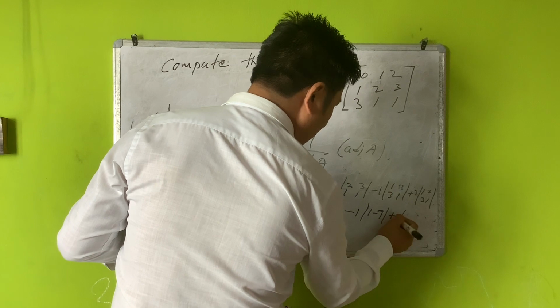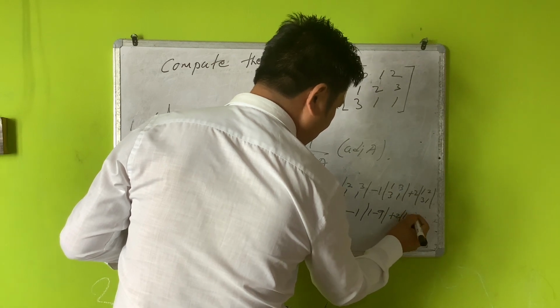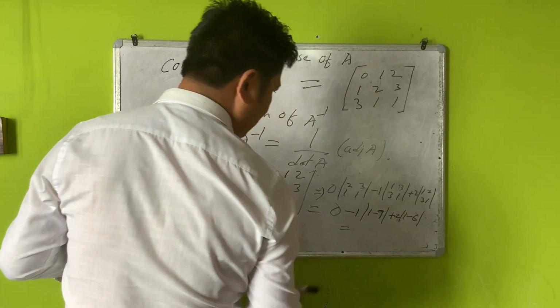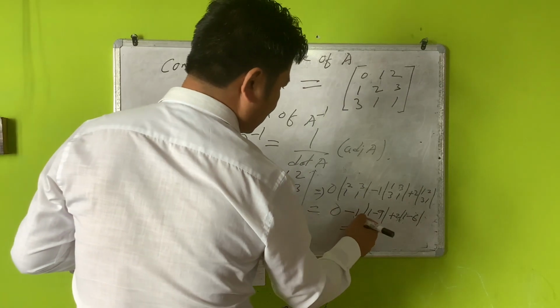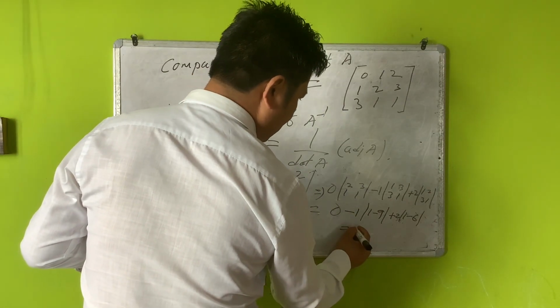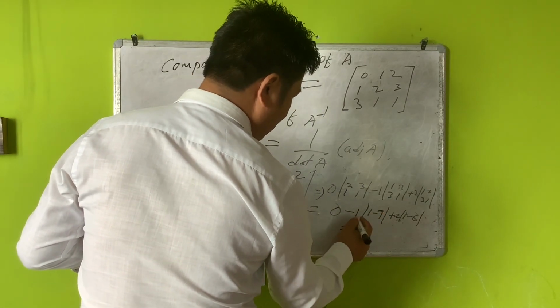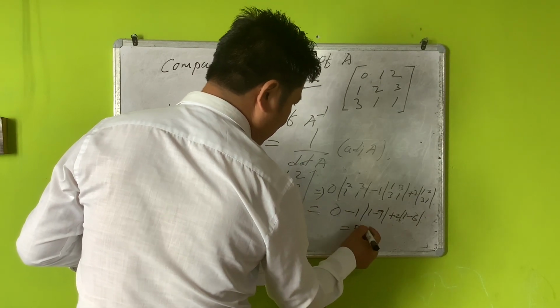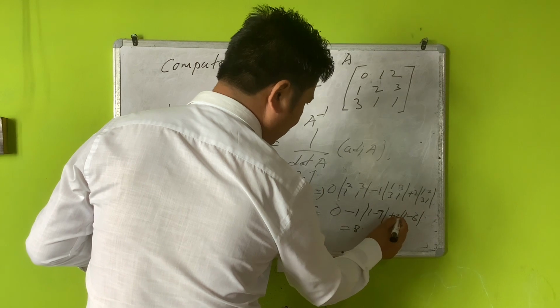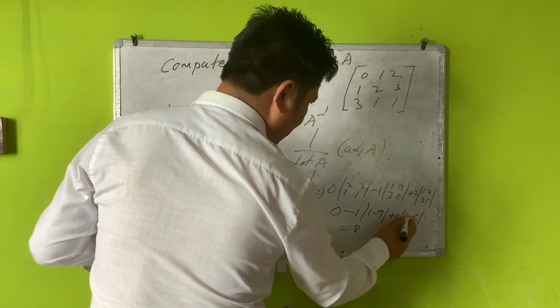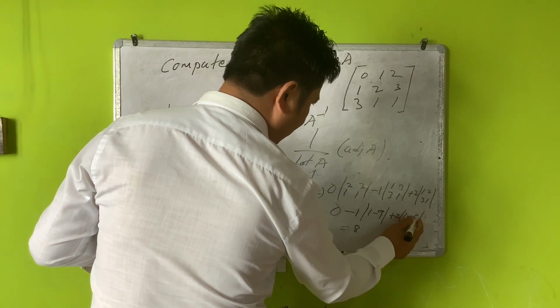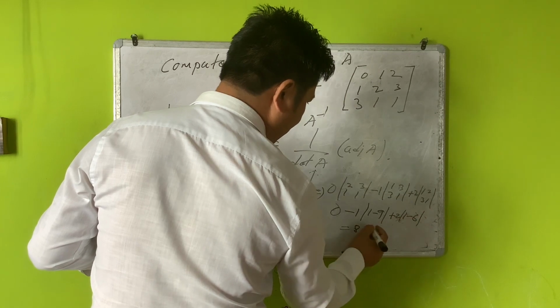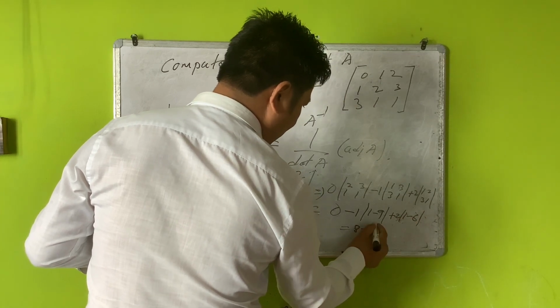Plus 2 into (1 minus 6), that is 2 into minus 5, which is minus 10.